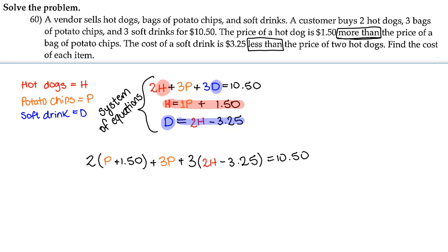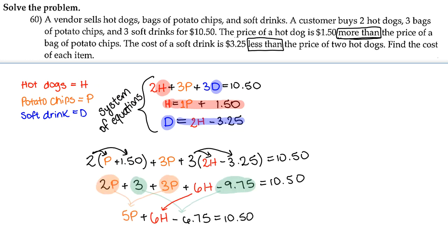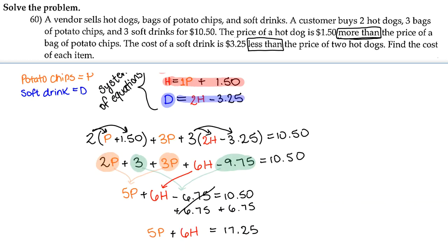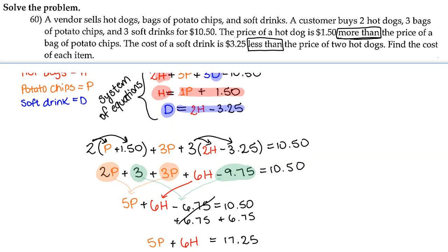When we simplify this, we get 5p plus 6h minus 6.75 equals $10.50. And when we simplify that even further, we get 5p plus 6h equals 17.25.